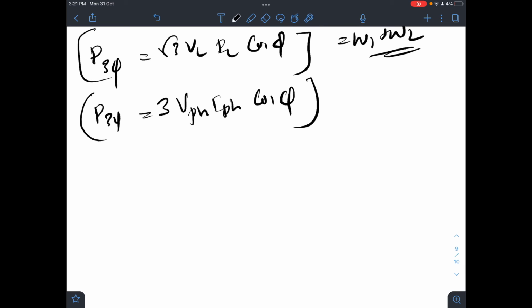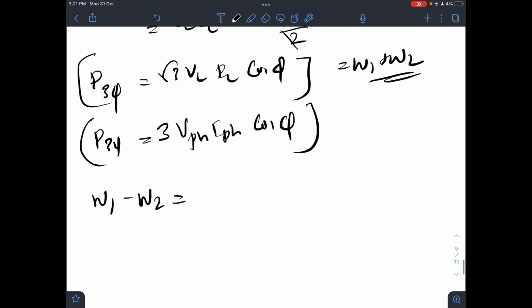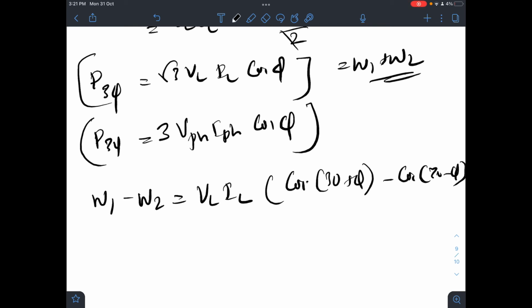Now, just for curiosity, let us find out W1 minus W2 also. Anyhow, I am measuring W1 and W2, that is the direct reading I get. So W1 minus W2 is going to be equal to VL IL into cos of 30 plus 5 minus cos of 30 minus 5. This is going to be VL IL into 2 times sine 30 into sine 5.